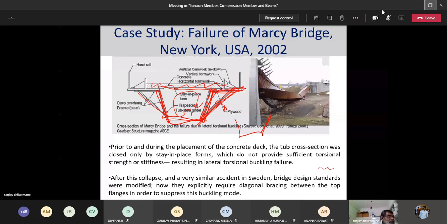So the concept of this kind of system is also telling you that it is not just the final design which needs to be evaluated, it is also the design during construction. The loads which are coming during construction also need to be evaluated to see that the system is going to stay safe.